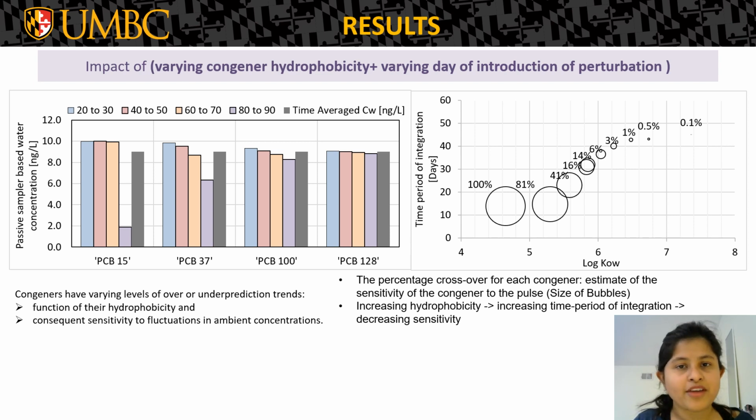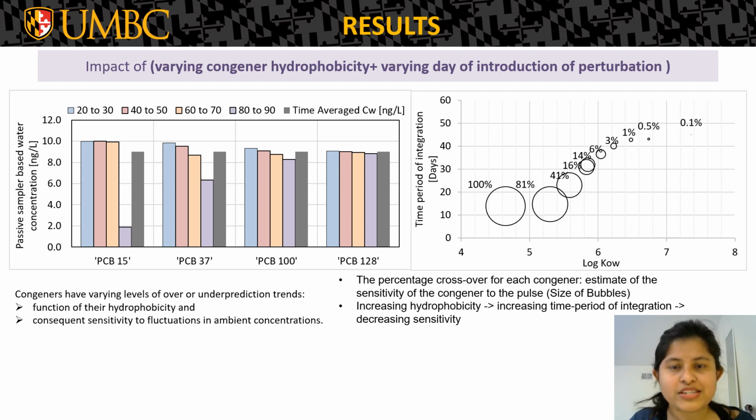And in the bar graph, we see that for a dihomolog like PCB15, when the pulse starts on the 60th day, represented by the orange bars, the concentration is overpredicted by about 10%, versus when the pulse starts on the 80th day, which are the violet bars, it is underpredicted by about 75%. But PCB128, on the other hand, which is a higher homolog, is more resistant to diffusive fluxes, and the percentage of over or under prediction of water concentration is quite low.